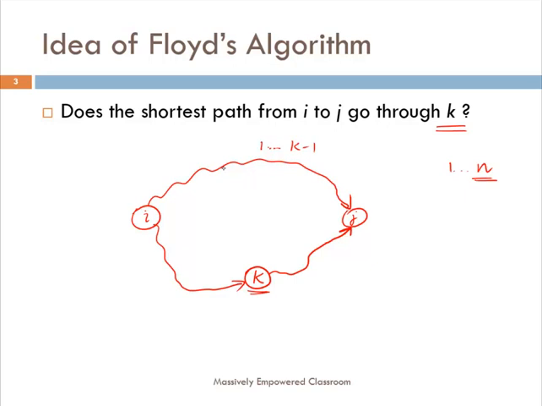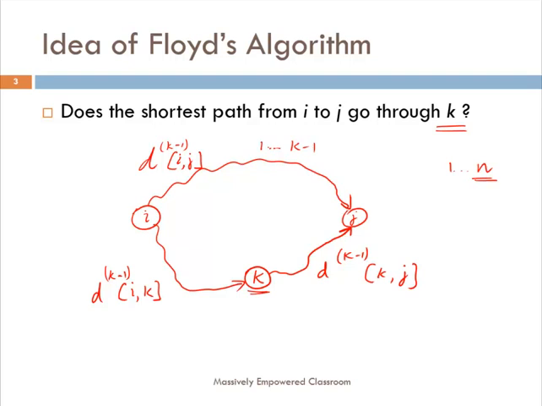So if the distance of this path is represented as d superscript k minus 1 i comma j, this one would be d superscript k minus 1 i comma k, and this would be d superscript k minus 1 k comma j.